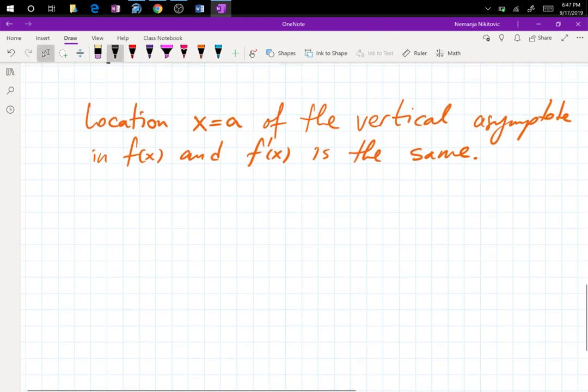We are going to use our favorite example for calculus, 1 over x. If you remember that your derivative, we did it in class, f prime was negative 1 over x squared.